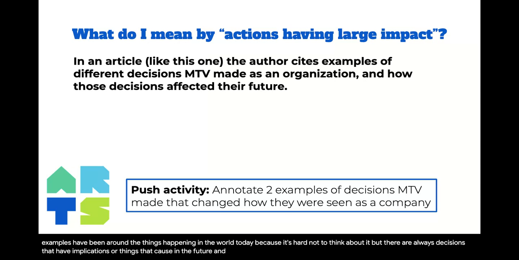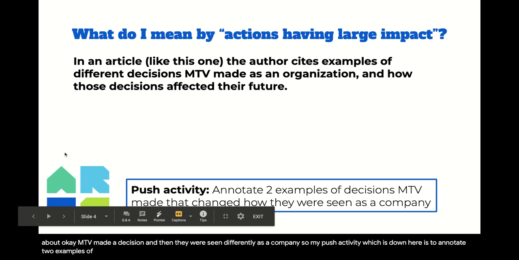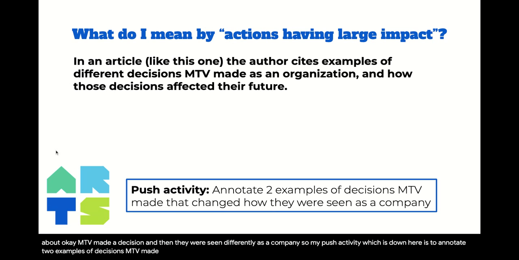When we're looking at actions having large impact in a text, we have to think critically about, okay, MTV made a decision, and then they were seen differently as a company. So my push activity, which is down here, is to annotate two examples of decisions MTV made and note exactly how they were changed as a company because of those decisions.